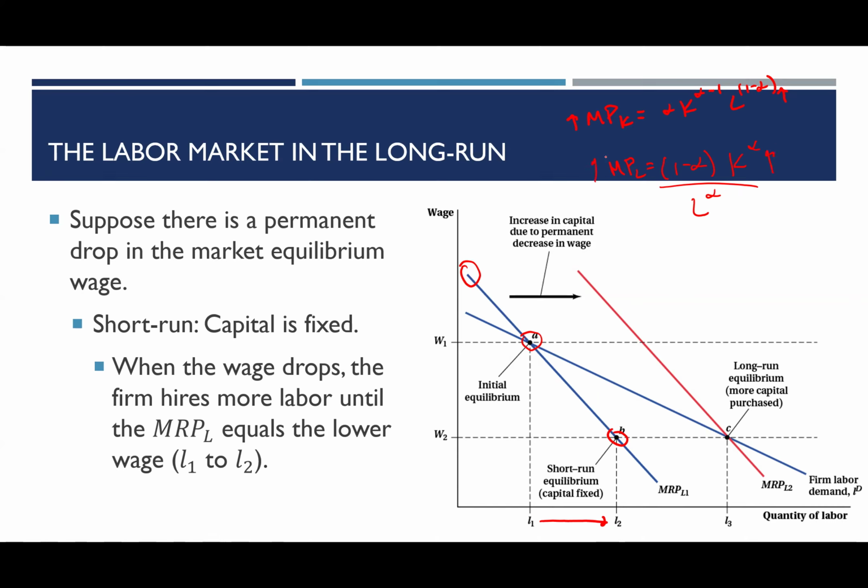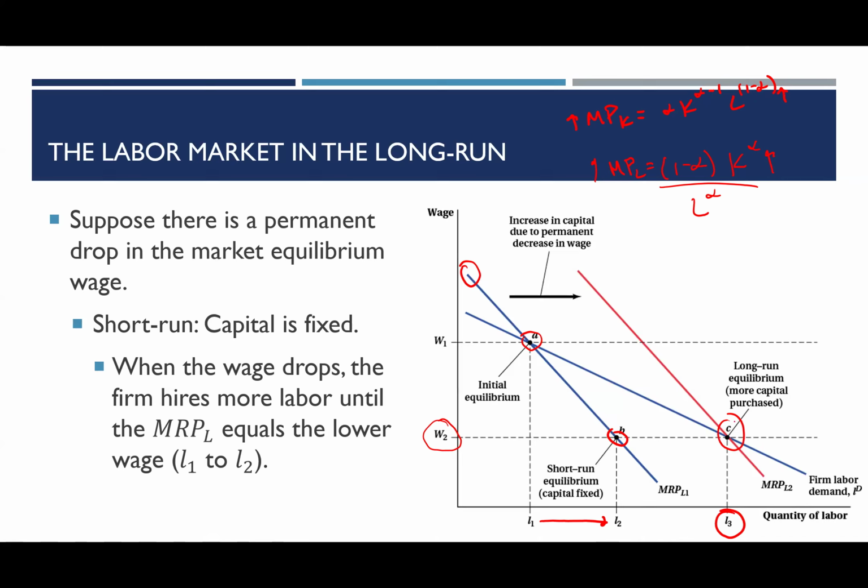So as we shift into the long run, that increase in capital, because capital has become more productive so firms hire more, shifts the marginal revenue product of labor for the firm's demand for labor out to the right. And at the new lower price level, now they increase their amount of labor hired even more. Right, now it goes to this L sub 3, and the firm is at equilibrium C, right?